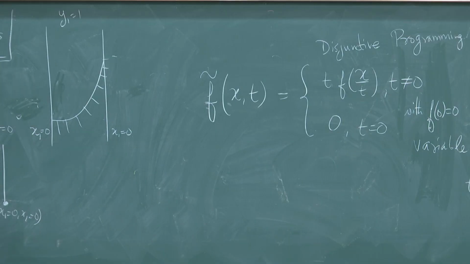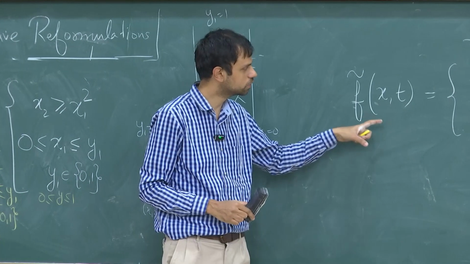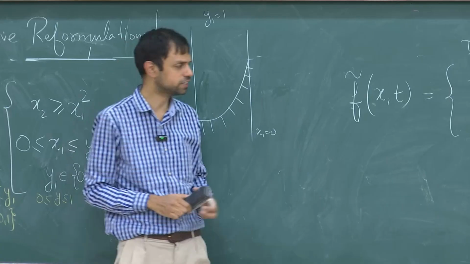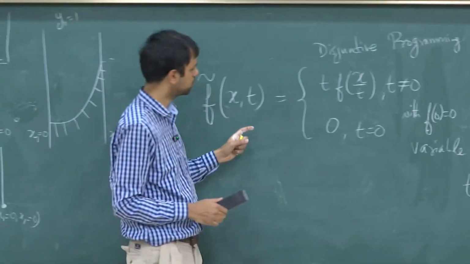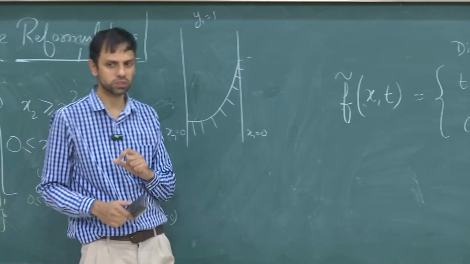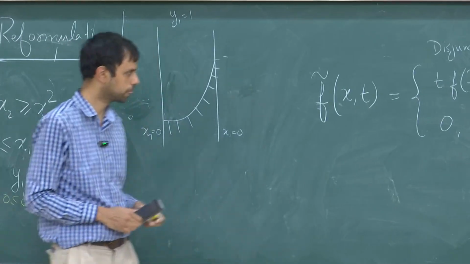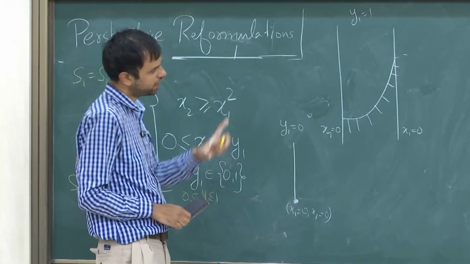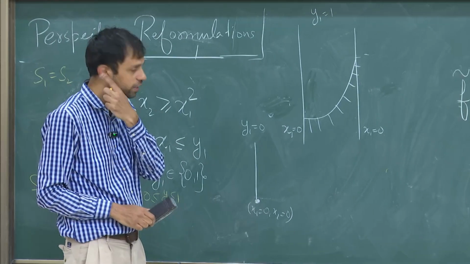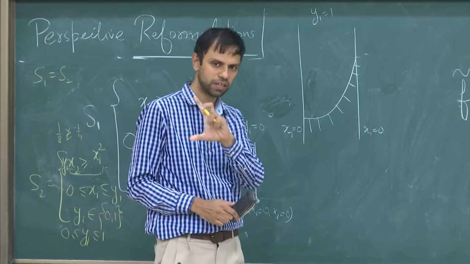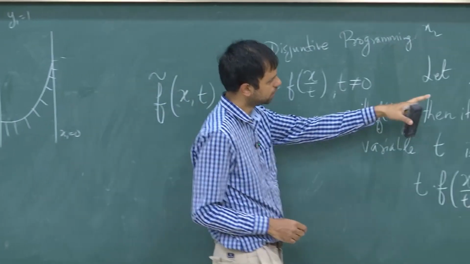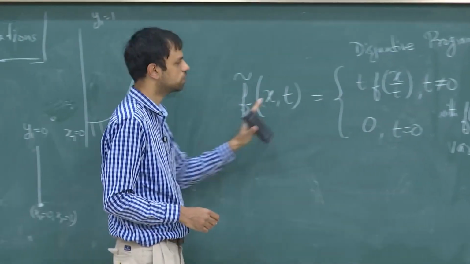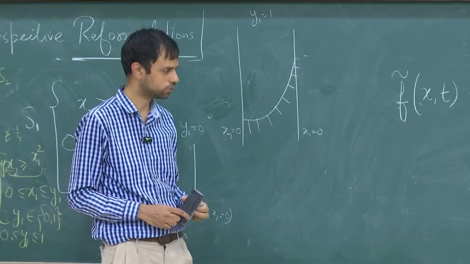If you define the function like this, then those difficulties diminish. And remember that we have assumed that f(0) is 0, so it sort of remains continuous, if you think about it. And it can be shown that this function is actually convex. That is the main result from convexity analysis, that if f is convex, then this function is also convex.